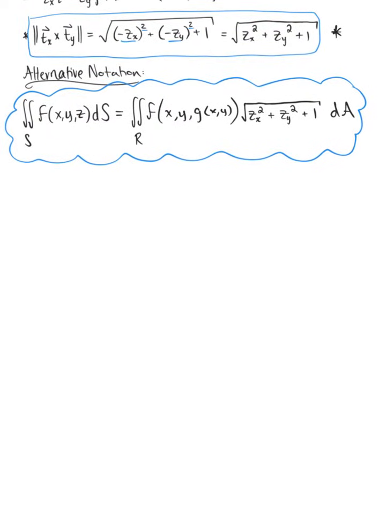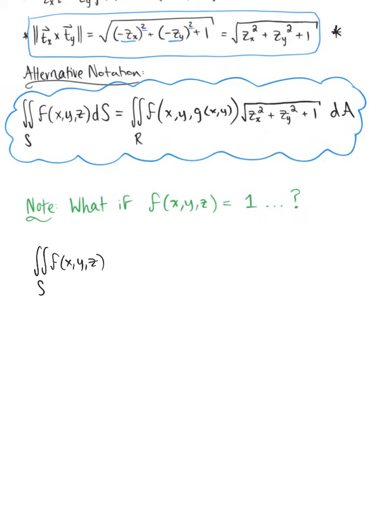I want you to think about the following. So I'm posing this question: what if we let the function f of x, y, z be equal to 1? So I want you to think, what if we take this surface integral here over that surface S of f of x, y, z, dS, and we let the integrand be 1.